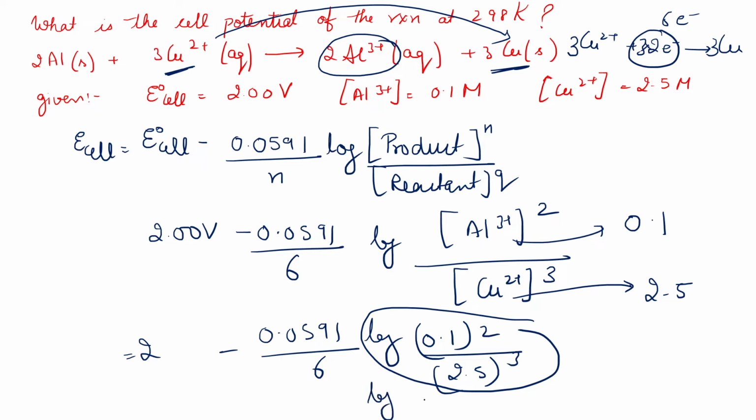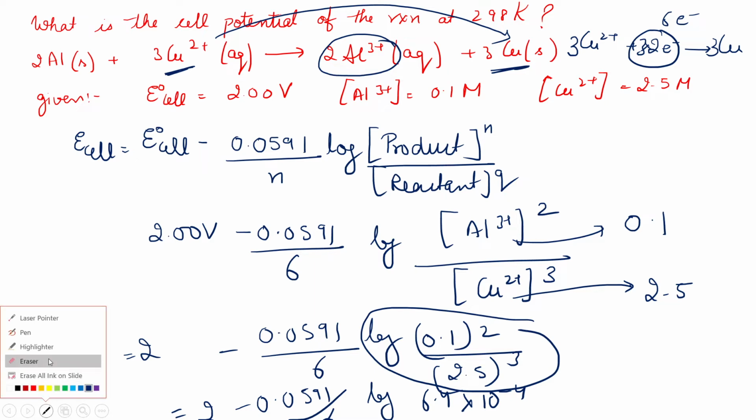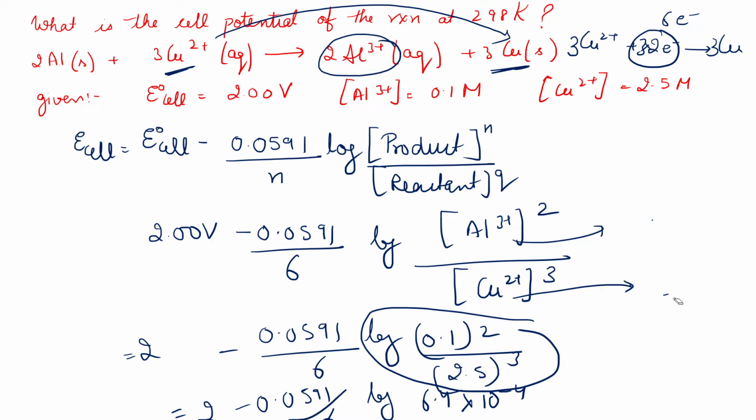Upon solving the equation, this value will give you log of 6.4 into 10 raised to power minus 4, that is 0.0591 divided by 6. Therefore, here we'll be having the E cell value.